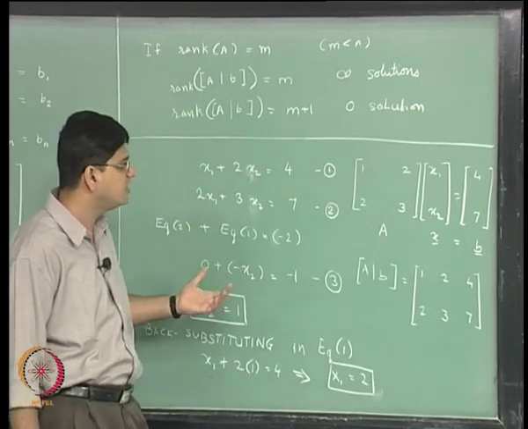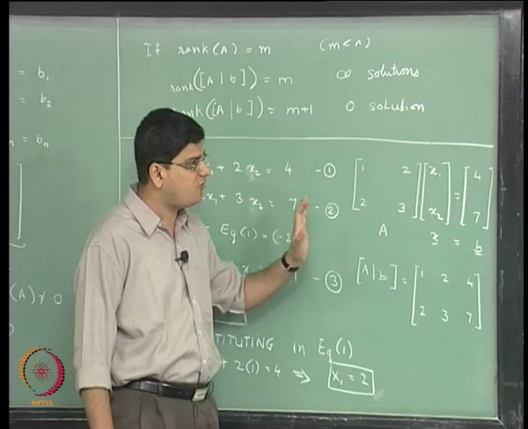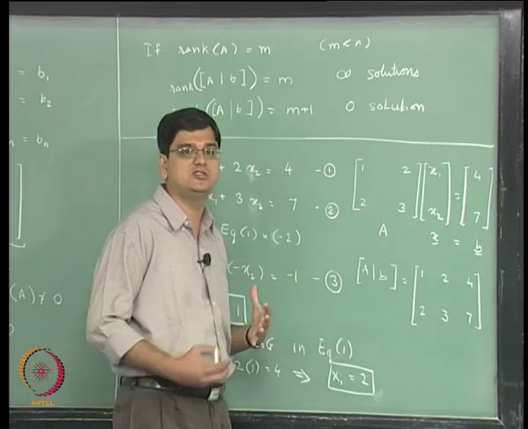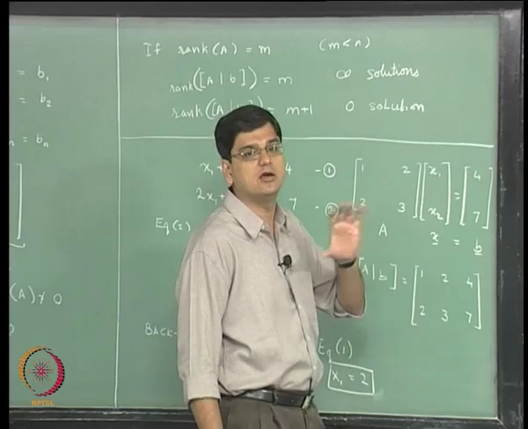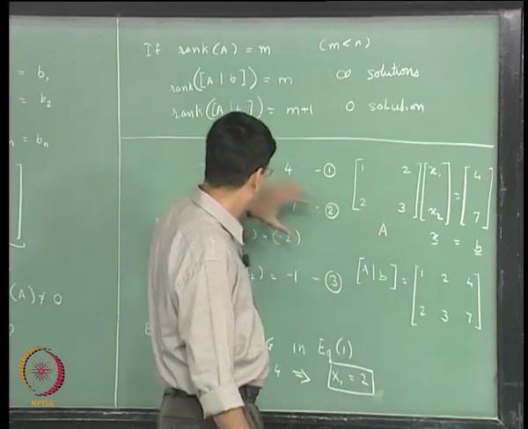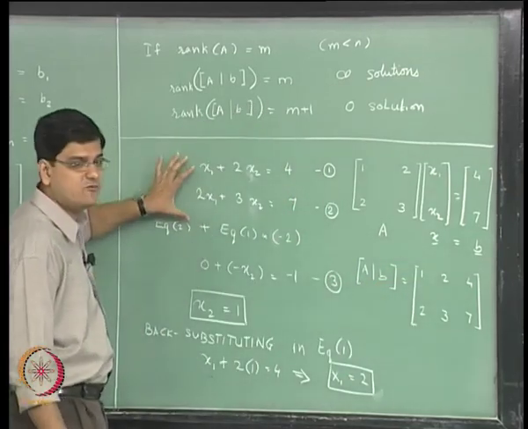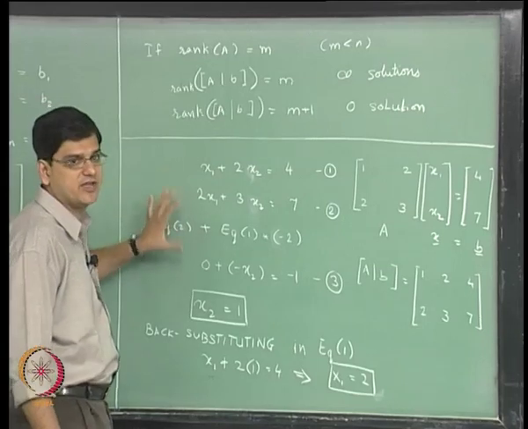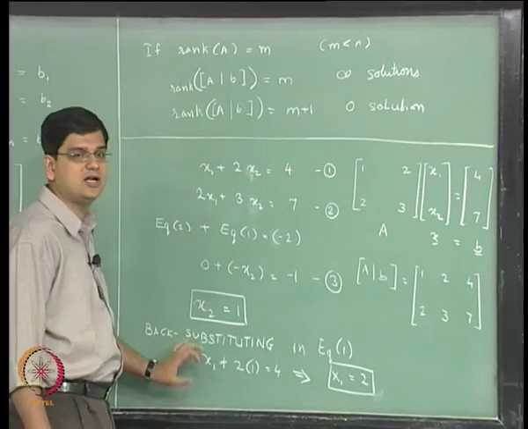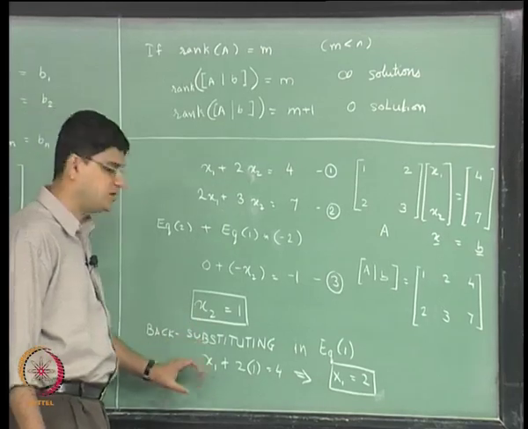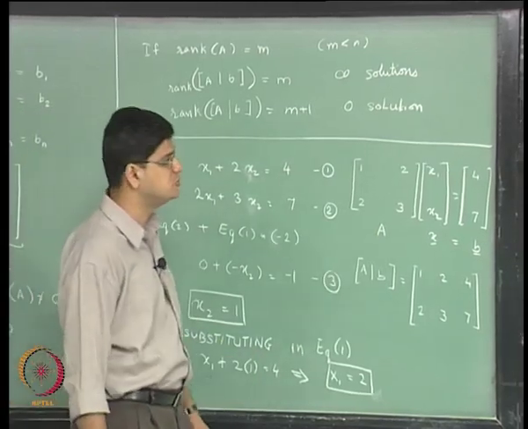Now let us look at what we actually did so that we can learn some lessons from it and try to implement that in the Gauss elimination process. The first part, what we really did, is something that we will try to relate to Gauss elimination. The second part that we did is something that we will relate to what is known as back substitution. Okay.